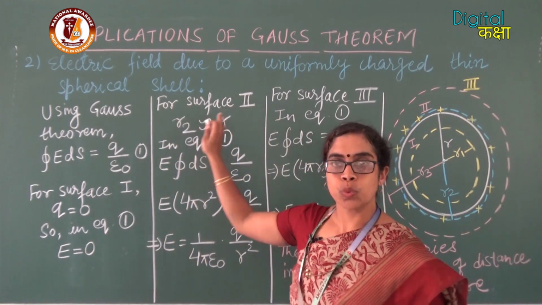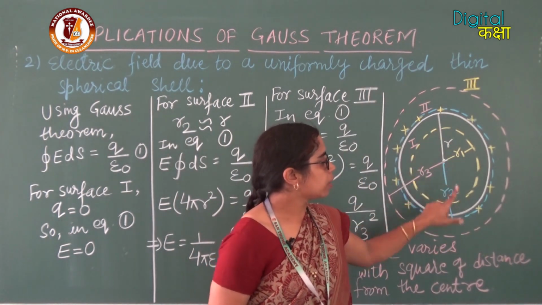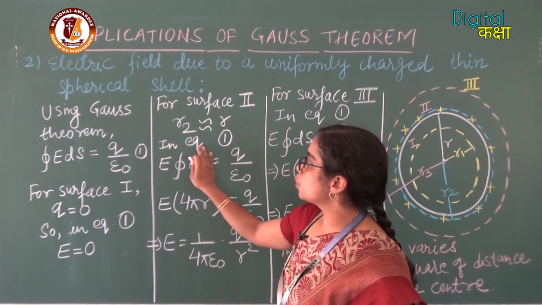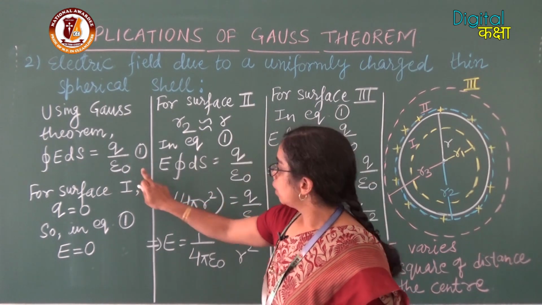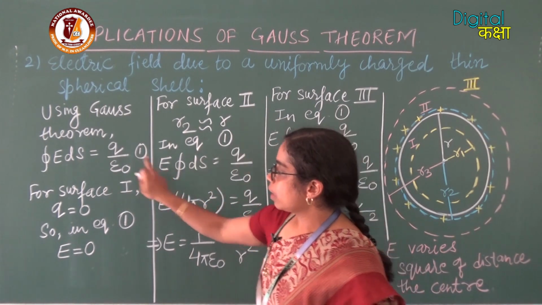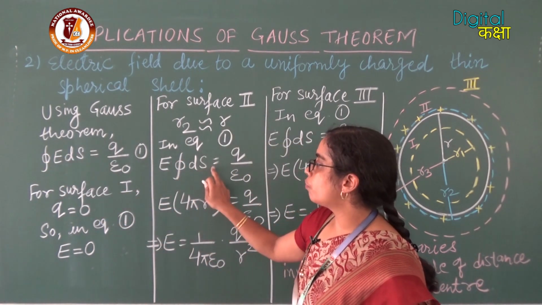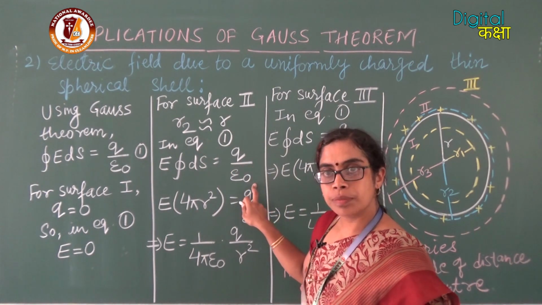For surface 2, the two values r2 and r are nearly equal. So when we substitute these values in equation number 1, we get E, which I have taken outside the integration sign, integration of ds is equal to Q upon epsilon naught.